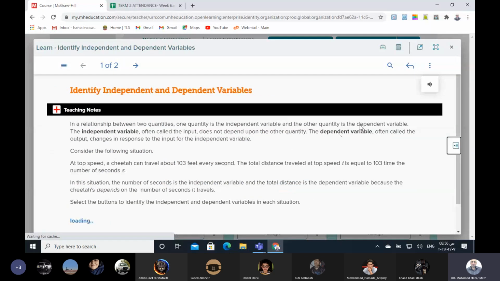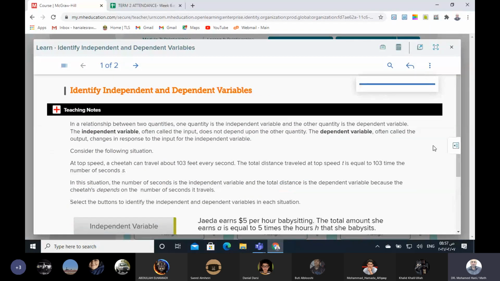Right, listen here very well, please. Identify independent and dependent variables. Teaching notes. In a relationship between two quantities, one quantity is the independent variable and the other quantity is the dependent variable. The independent variable, often called the input, does not depend upon the other quantity. The dependent variable, often called the output, changes in response to the input.